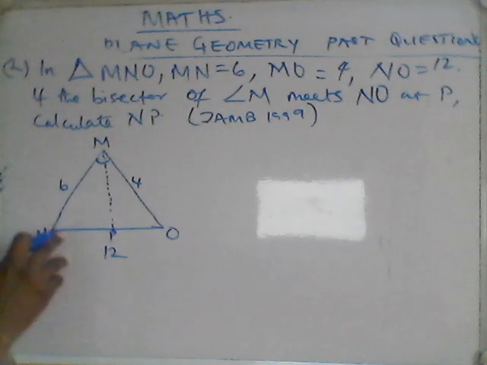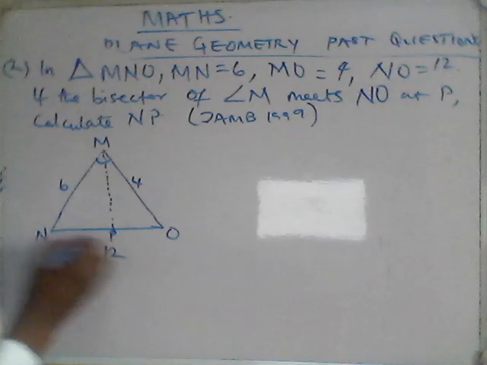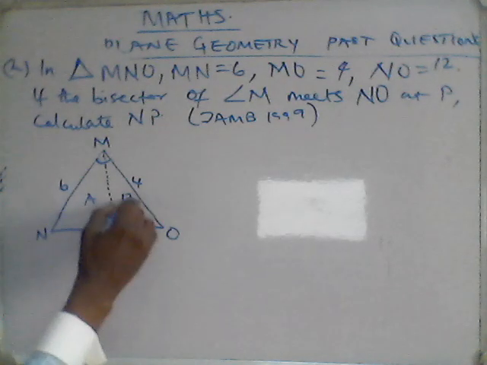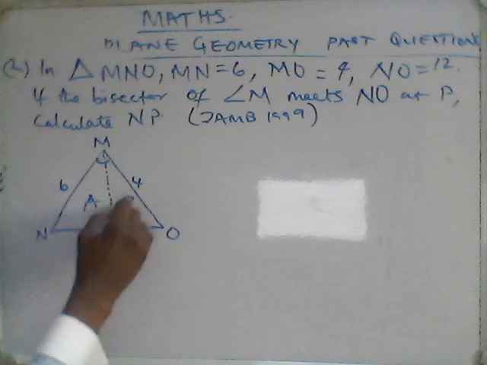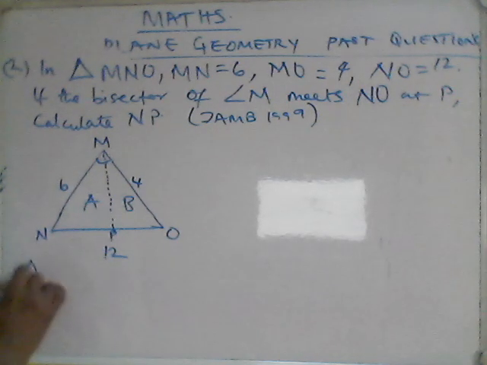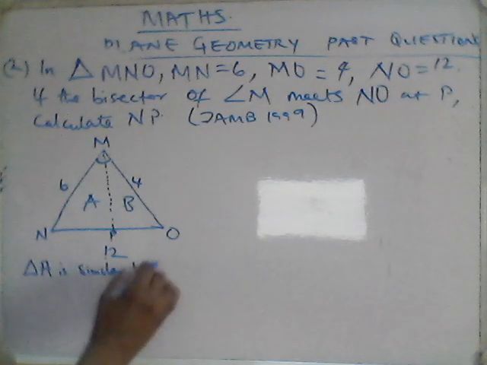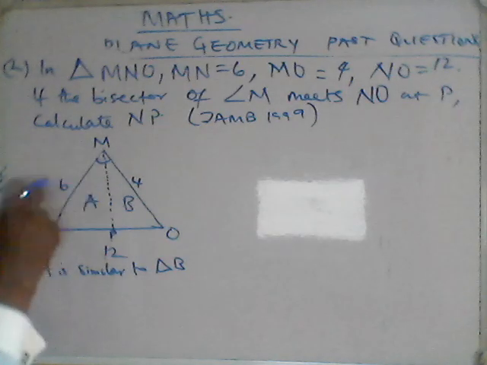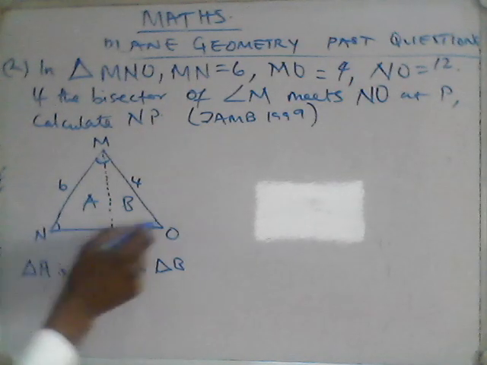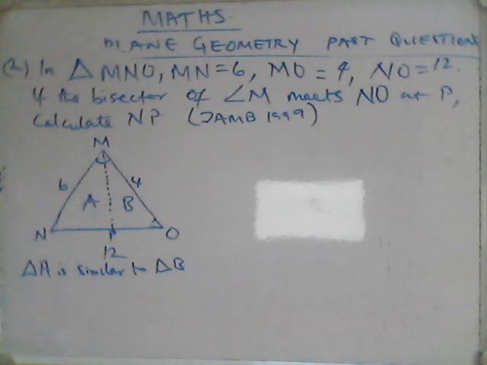Let me call them triangle A and triangle B. Triangle A is similar to triangle B because at least one angle of the two of them is equal. So if they are similar, I can compare.